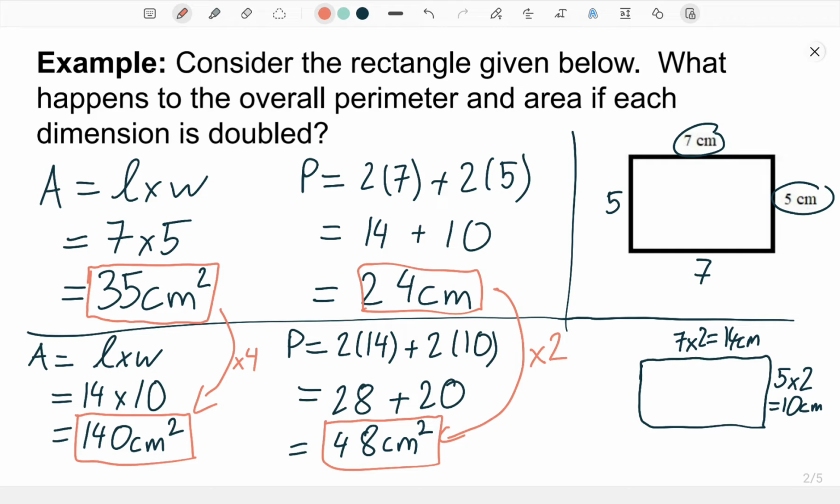Changing the dimensions will have a different effect on the area than it does on the perimeter. So you can't just say, oh, I added 10 centimeters to the length, the area is going to increase by that amount, because it has this extra multiplying effect in comparison to something like the perimeter.